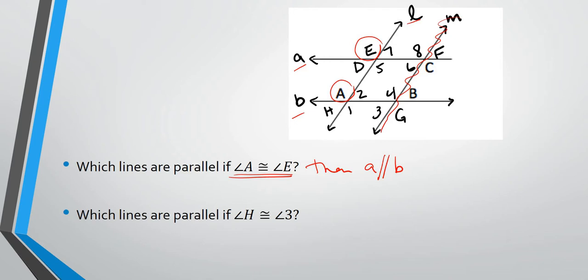Okay, let's look at another example. This time I'm told that H is congruent to 3. Well, there's H and there's 3. So if H and 3 are congruent, in order for those to be corresponding angles, this would have to be my transversal.